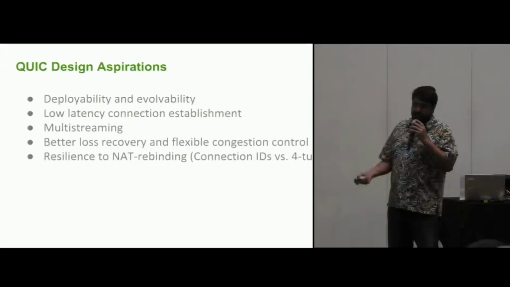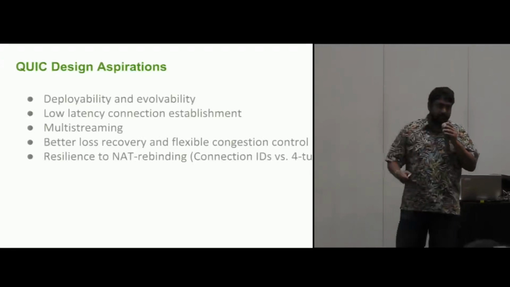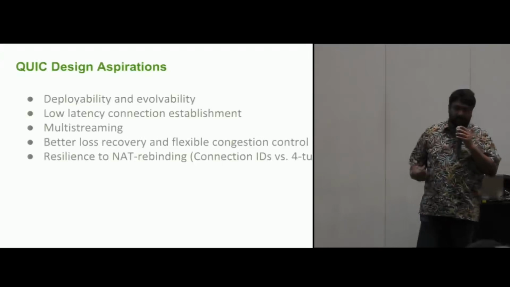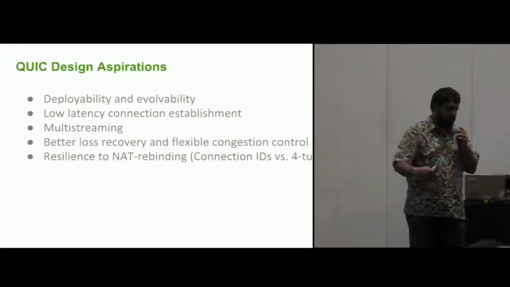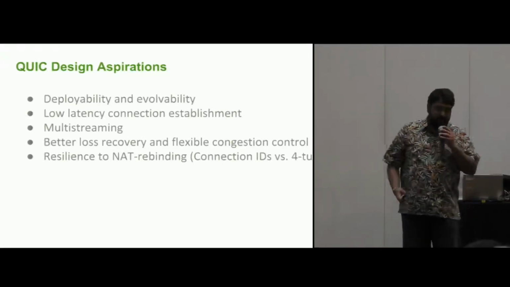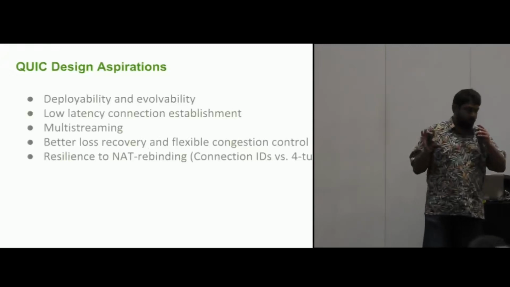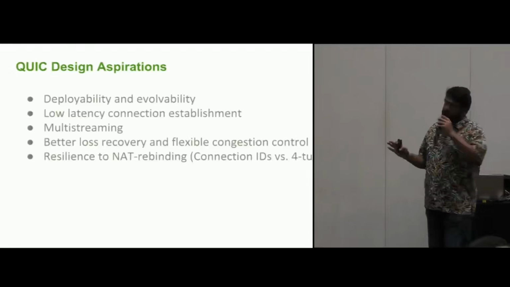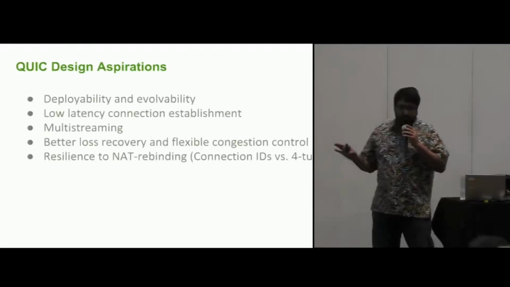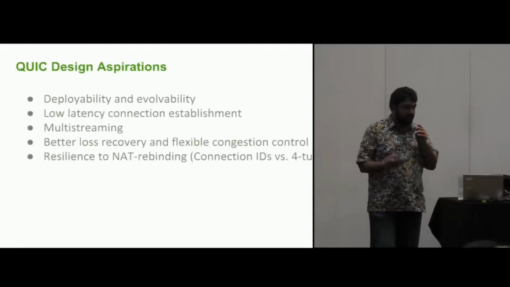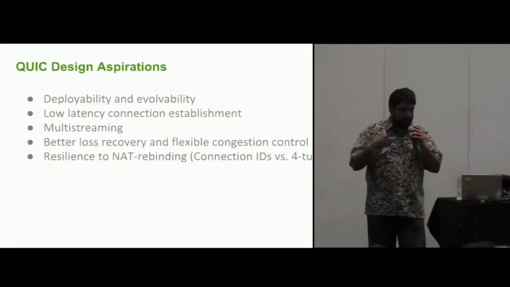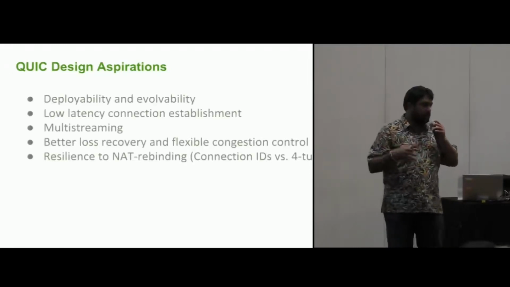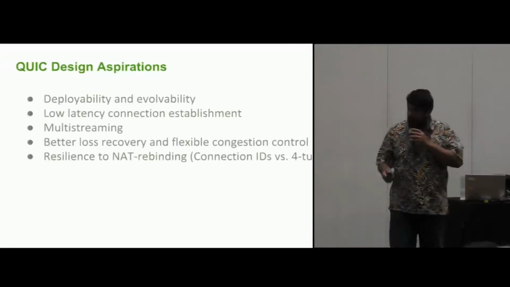So we needed to have some resilience to NAT rebinding, which is that mid-connection, a packet might end up getting bound to a new port, which will arrive at the server as a completely different 4 tuple. And the server has to deal with it and know that this belongs to the same connection. So QUIC uses an explicit connection identifier that's in the packet, and that the server uses to collate packets that belong to the same connection, irrespective of 4 tuple.